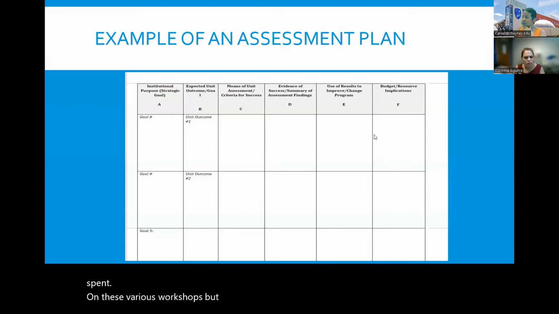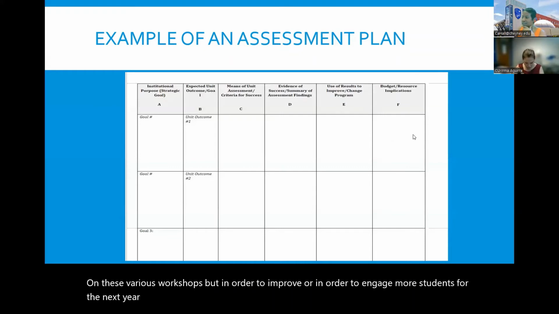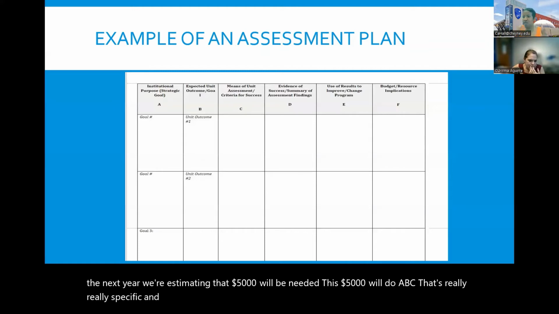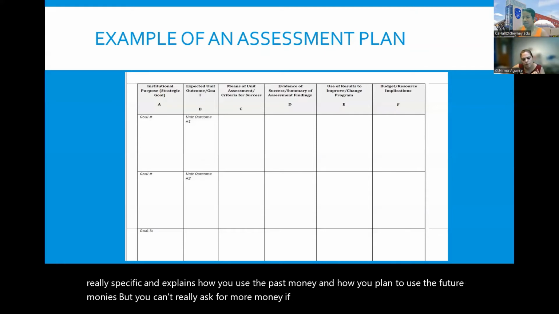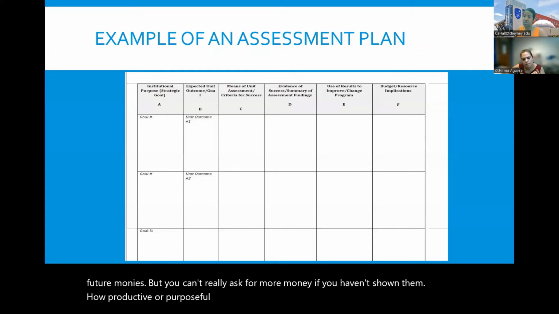But in order to engage more students for the next year, we're estimating that $5,000 will be needed. This $5,000 will do A, B, C. That's really, really specific and explains how you used the past money and how you plan to use the future monies. But you can't really ask for more money if you haven't shown how productive or purposeful or intentional you've been with the past money that you received.